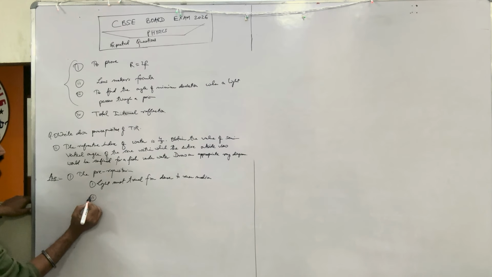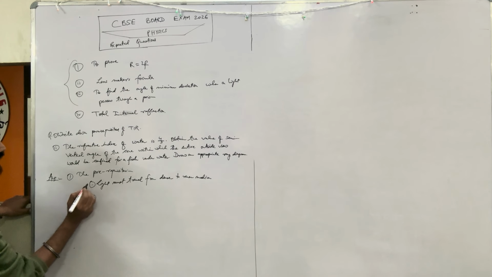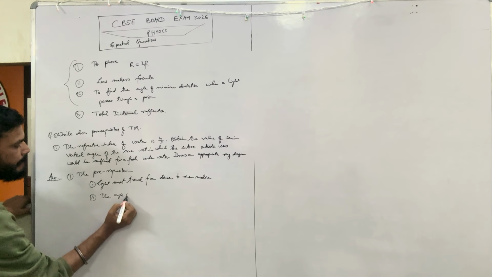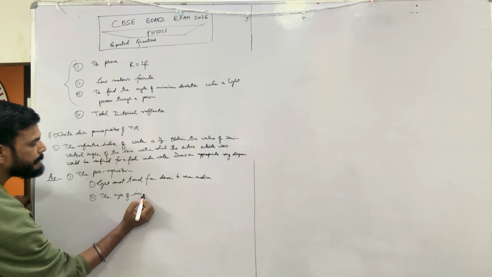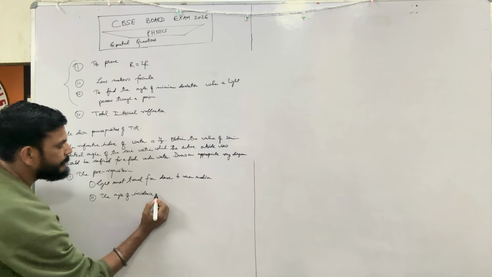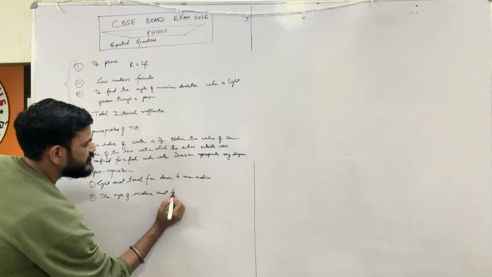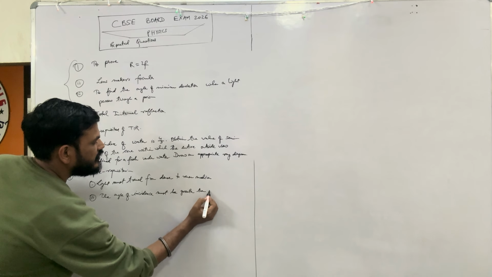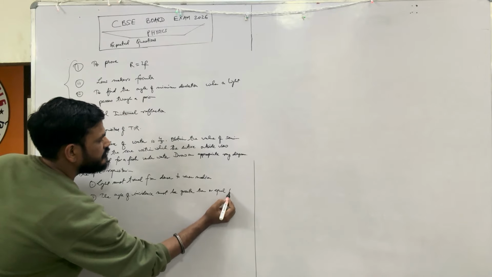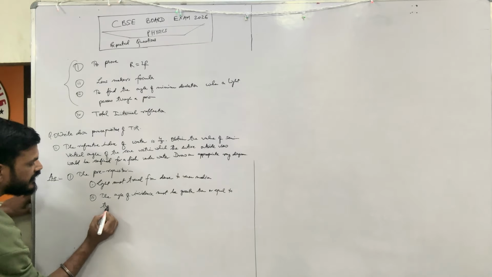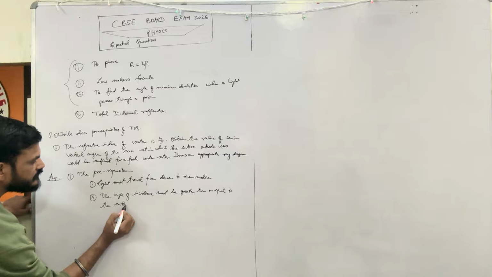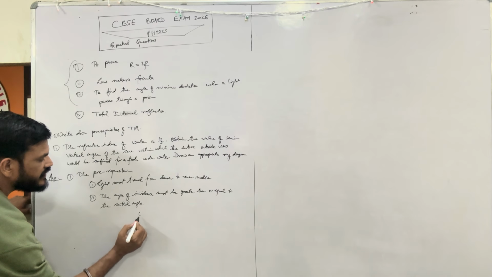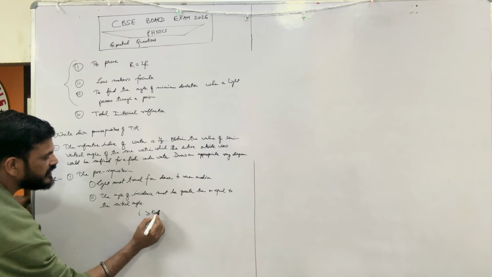And number two, the angle of incidence must be greater than or equal to the critical angle. That is, theta should be greater than or equal to theta c.